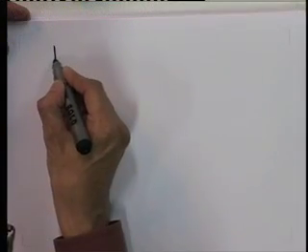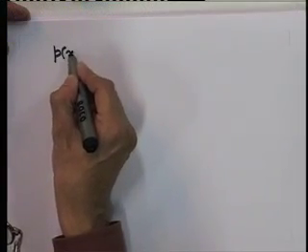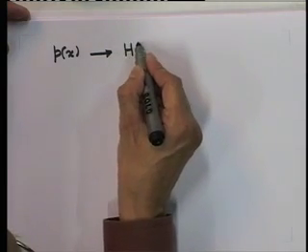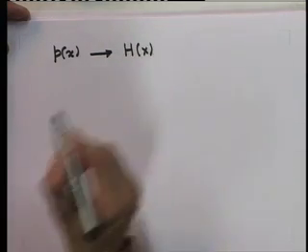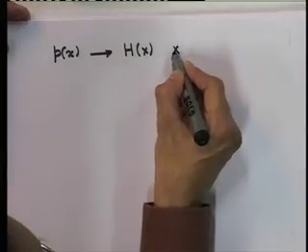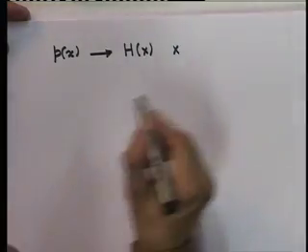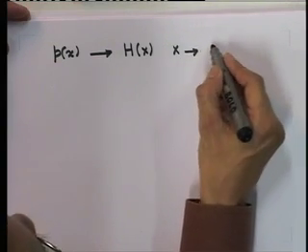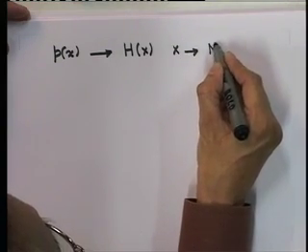So, the problem is to find out that p x for which the differential entropy is maximum, given that x, the continuous random variable, is constrained to some peak value m.